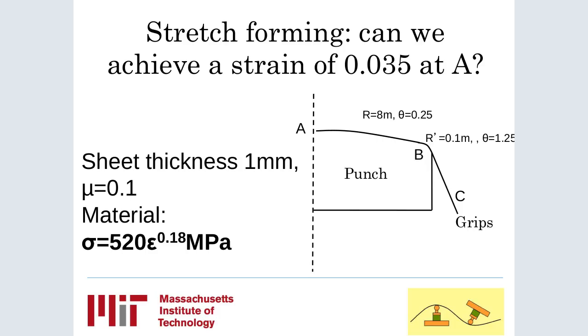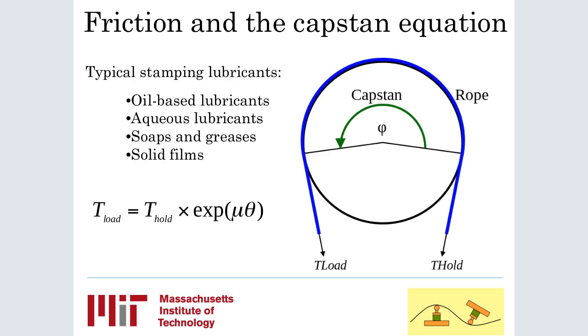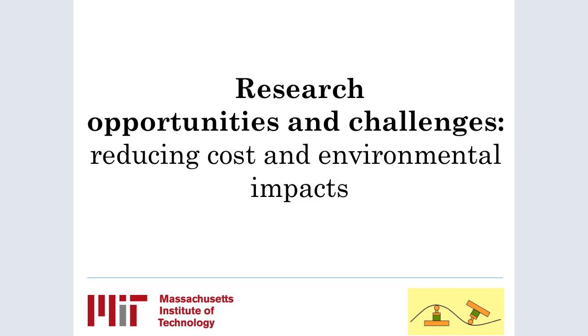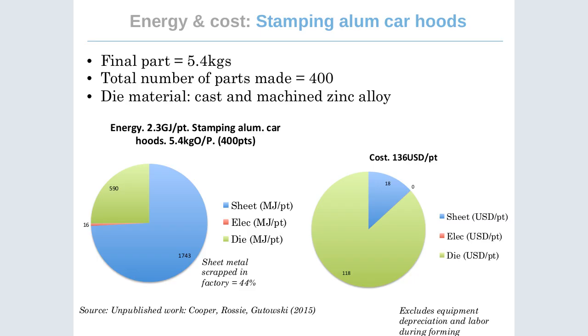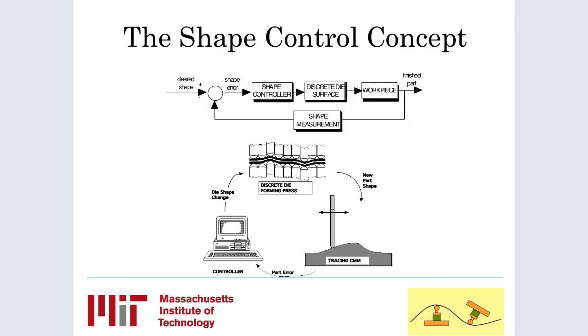Stretching or forming, we can achieve a strain of this. Friction and the Capstan equation. So those are the things that I wanted us to look at.